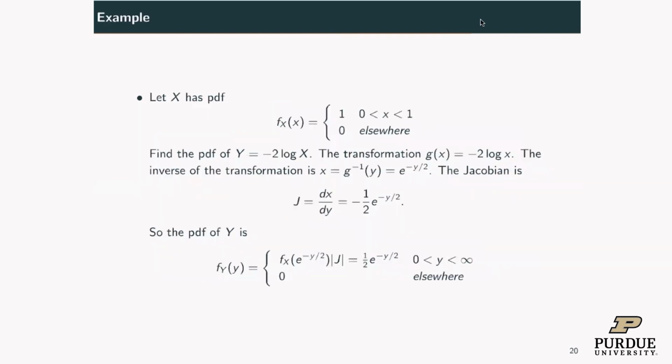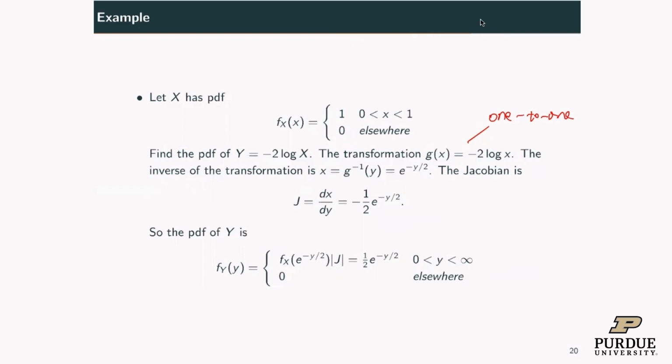For example, x is uniform between 0 and 1. Now I have a PDF, and I ask you to get the PDF of y, which is -2 log x. The -2 log x is 1 to 1. You can get the inverse of this transformation. So g inverse of y is e to the negative y over 2.